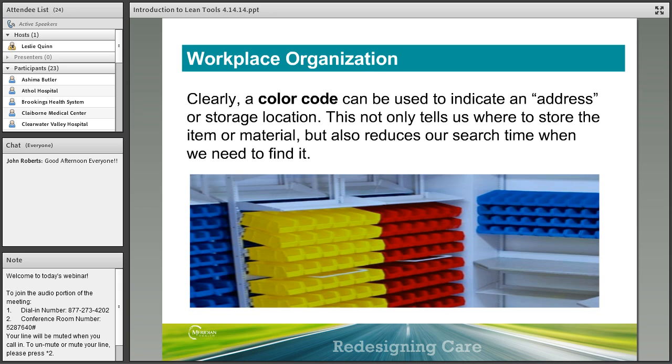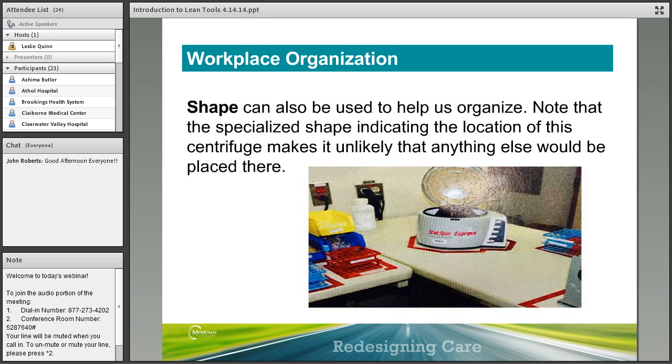Similar to what we do when we deliver the mail, everything has an address, and we have the labels to describe where that is. Again, we use that a lot in medical records. We use written labels and color coding, but those practices can be used in a lot of different areas.